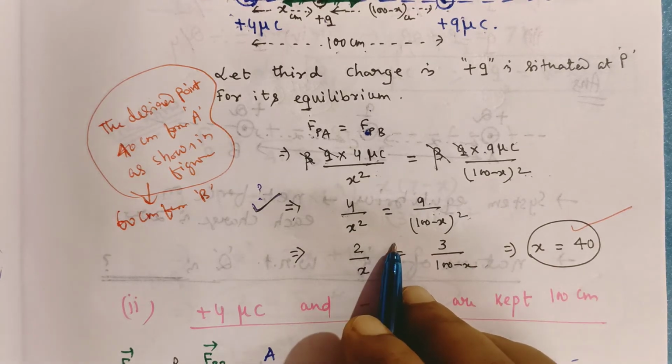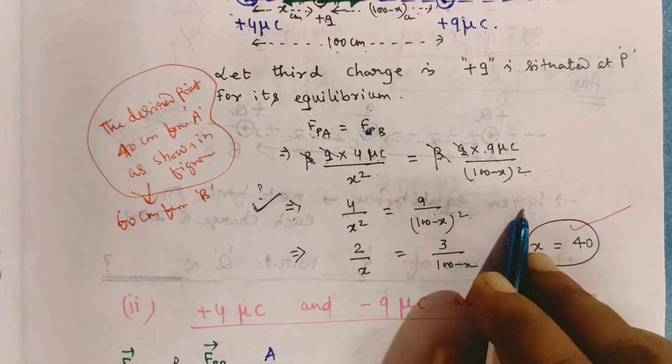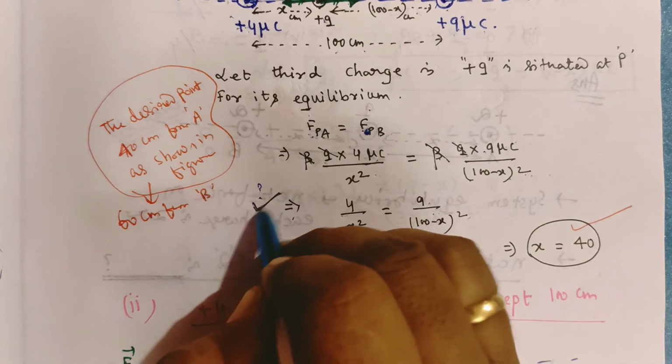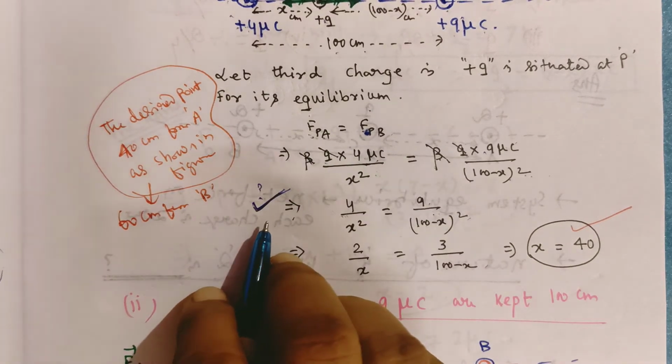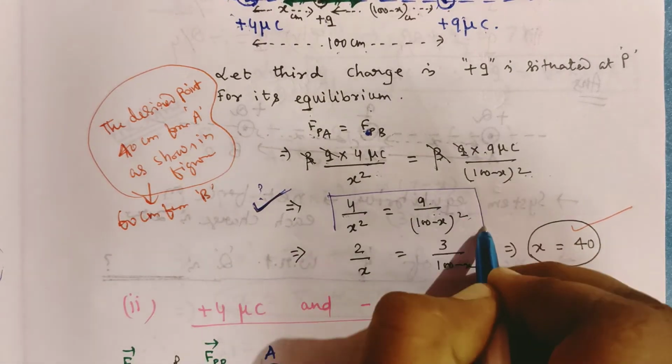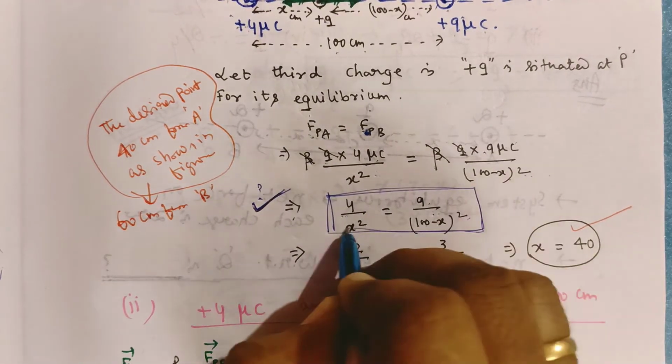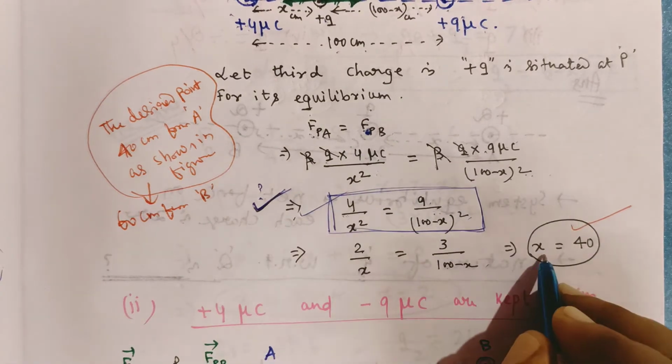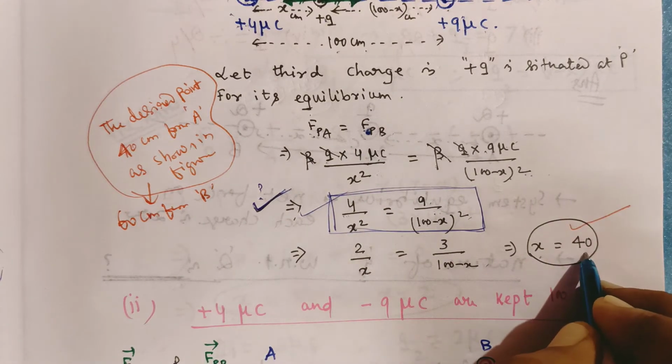You can also solve without the square root, but it will take more time, so you should avoid that step. What is the step? You should take the square root if possible. Then you proceed, and the distance x is equal to 40.